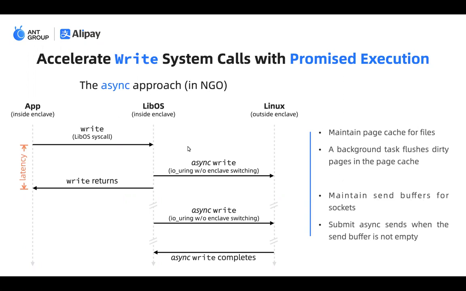This way we can immediately return the write system calls, and sometime later we'll submit the dirty pages inside our library's page cache to Linux, or we can flush the send buffers that the library maintains to the Linux kernel. So with this async technique, we can eliminate the real cost of Linux write system calls from the LibOS write system call.